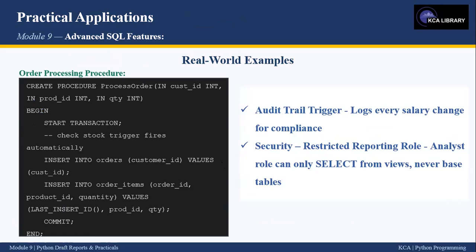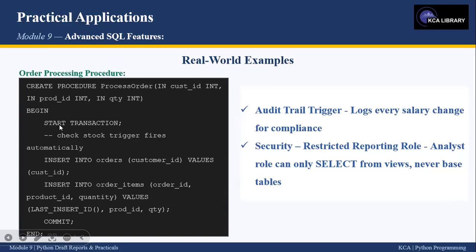Practical applications. Let's look at some real-world examples. Order processing procedure. Let's look at this query that says create procedure that processes order with customer ID, product ID, and quantity.